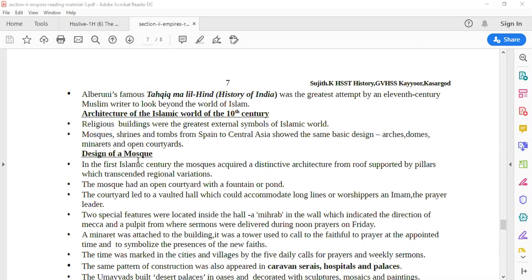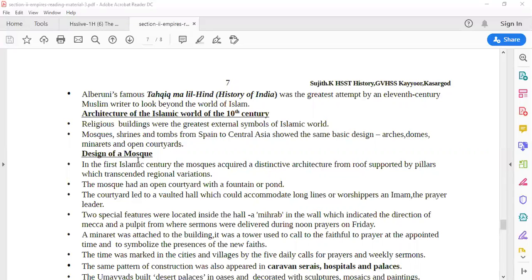They were repeated. This was a basic design that was found in all of them. And hence you can call these designs a symbol of the Central Islamic land. So basically they all followed the same pattern of construction.